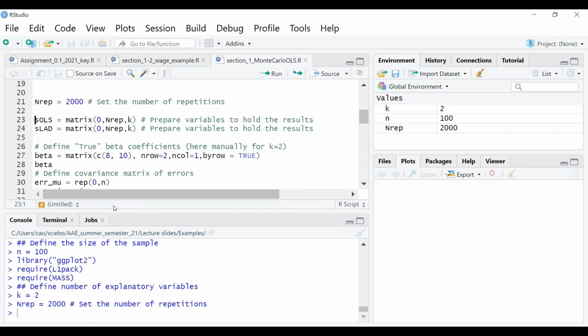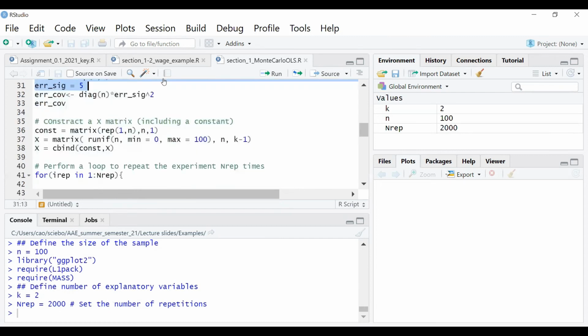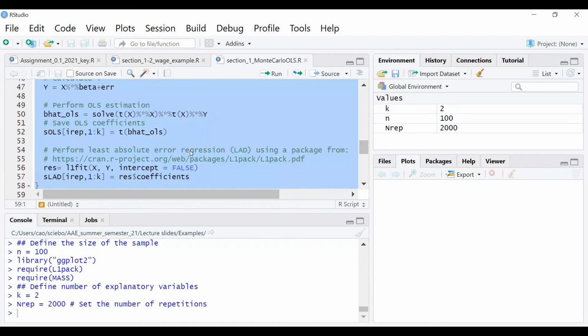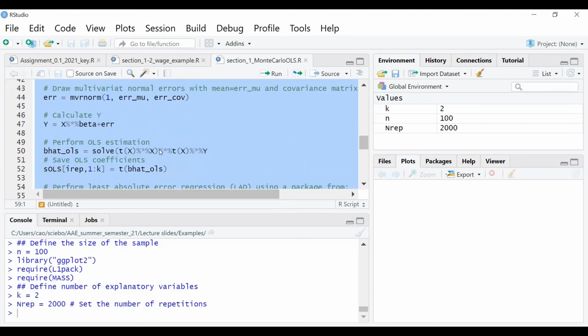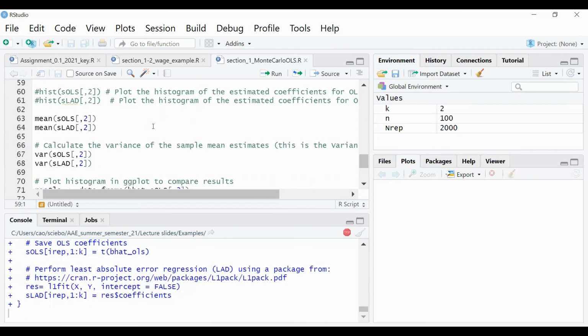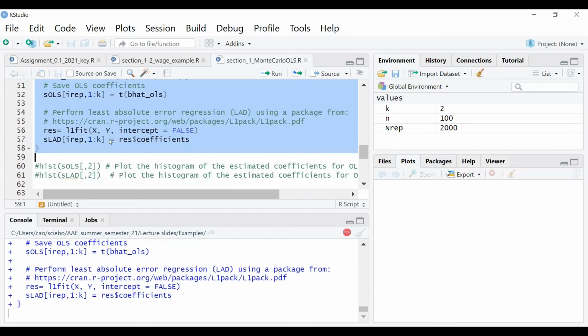And then there's also the whole setup below to prepare the place where you put the estimated parameters in, and define the variance covariance, the sigma, and then have a loop to regress the equation and collect the parameters. I will not show everything, but for now we just need to run the loop, the simulation.